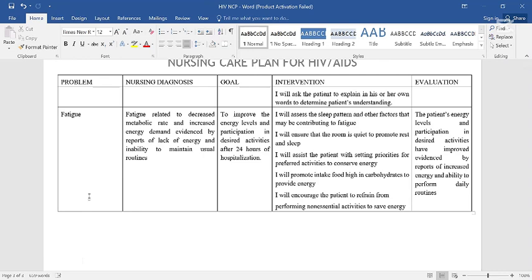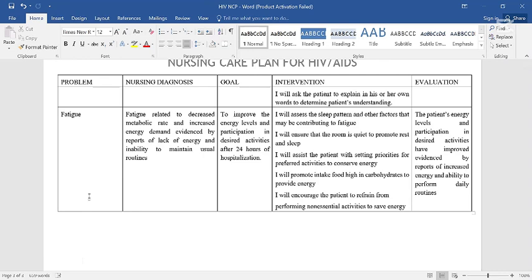Since this patient is feeling tired, what we will do is set priorities. They should not just be doing anything. You should set priorities for those activities that are needed at that particular moment. Those are the only ones that they have to do so that they can conserve energy.